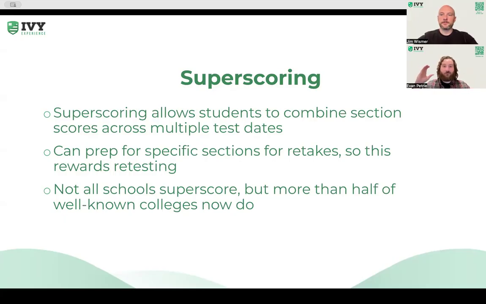In October, they also score 1300, but this time the scores are flipped: 600 English, 700 math. With superscoring, they can take that 700 English from the first test and that 700 math from the second test and submit that as a 1400 to colleges. They never scored a 1300 on an individual test, but their overall superscore is 1400.